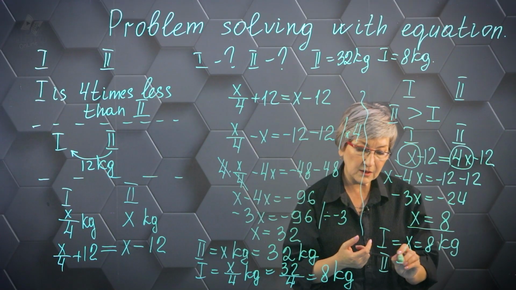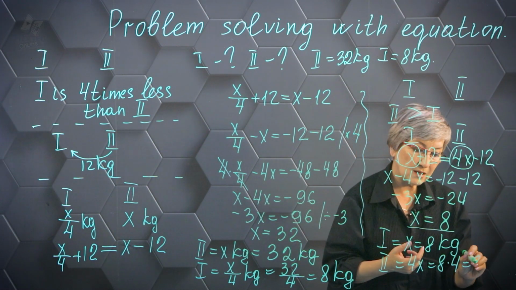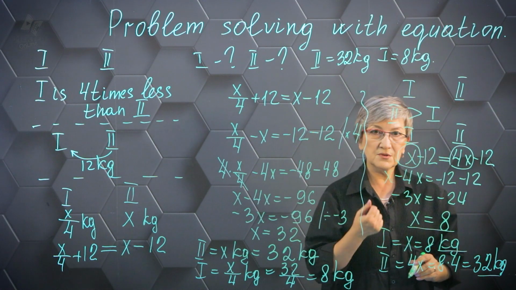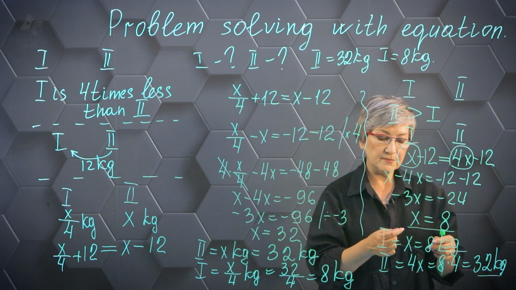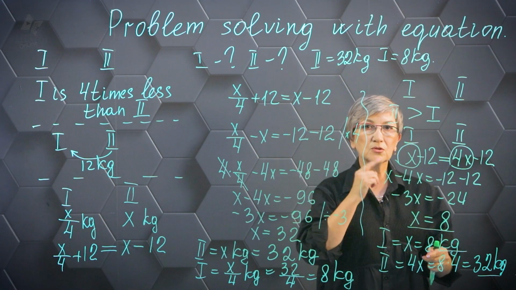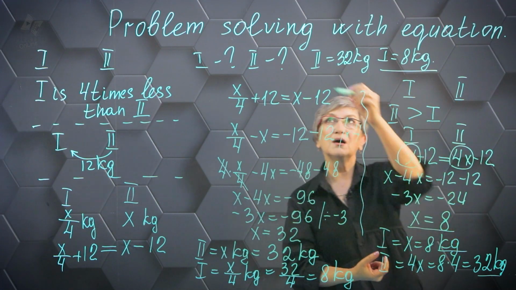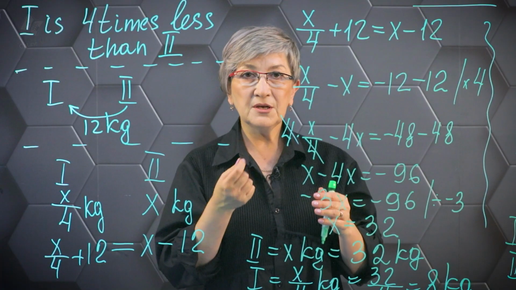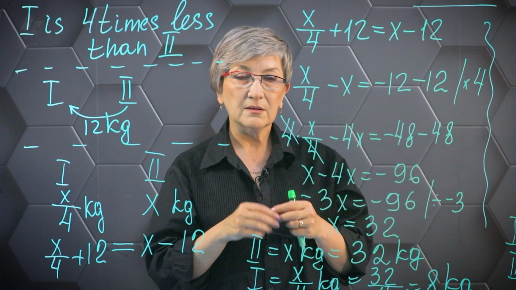And the second box has 4x, so that's 8 times 4, which is 32 kilograms. Notice that we got the same answer. The first box contains 8 kilograms and the second box contains 32 kilograms. We solved this problem in 2 ways and got the same answer.